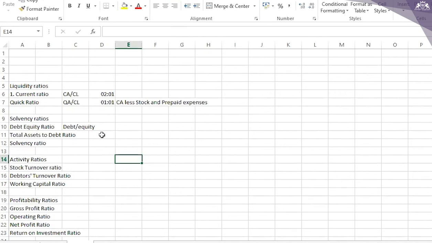So this is total assets divided by long-term debts. This tells us how much total assets I have to cover my long-term debts. Not only equity, not only the share capital, the assets also, which will cover my debtors.